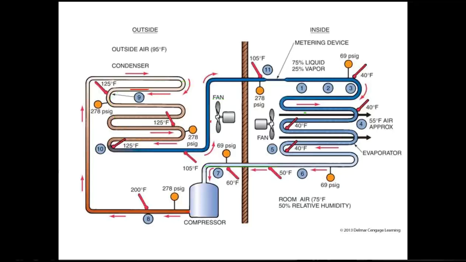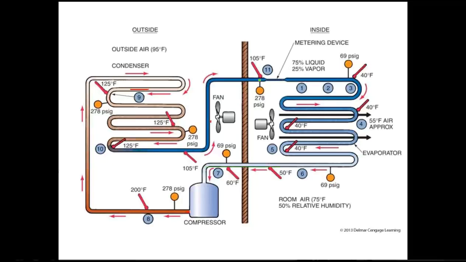Now, I know our textbook starts the refrigeration cycle at the compressor. I like to start it here at the metering device. And right at the beginning of the metering device, we're going to start. So we will start, and we'll get back to this point, and we'll end up right here.